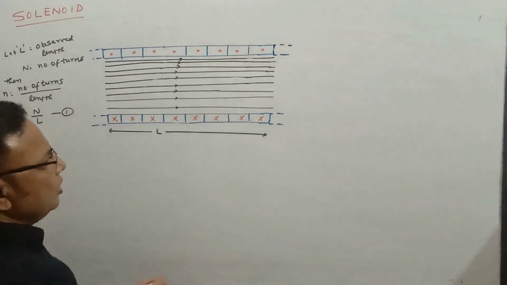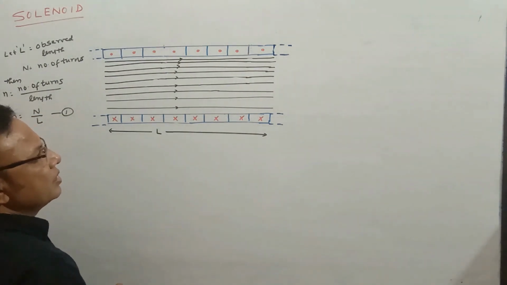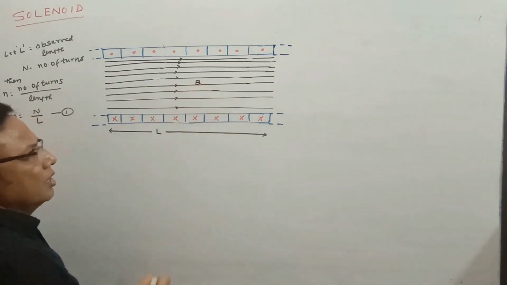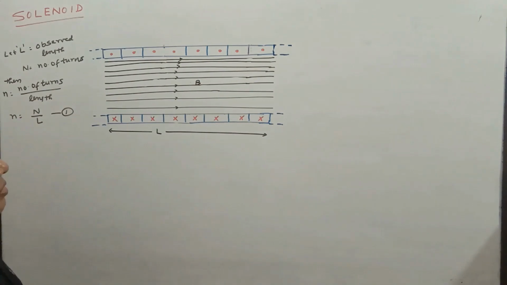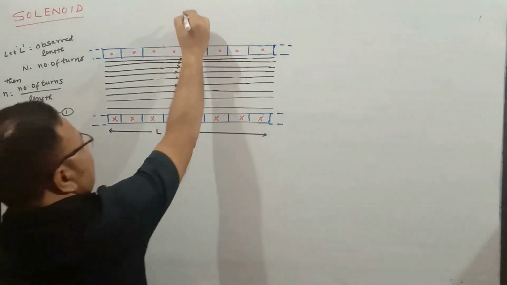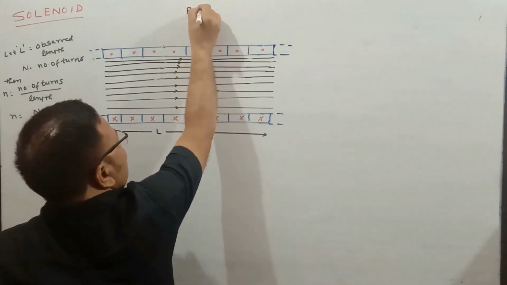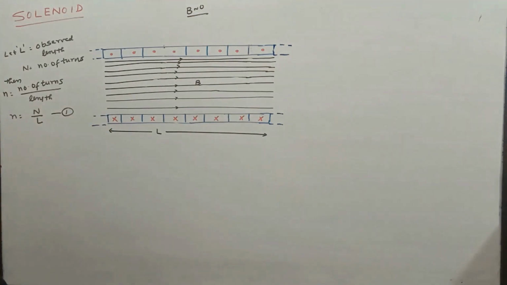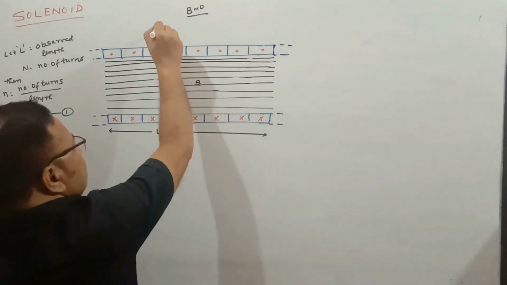Here we know from previous explanations that the magnetic field inside is uniform, strong and along the axis, and outside the magnetic field is assumed to be 0 or very weak. So for this we have to draw an Amperian loop. That Amperian loop will be rectangular in shape.